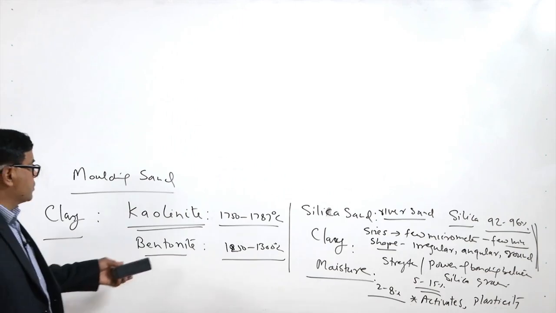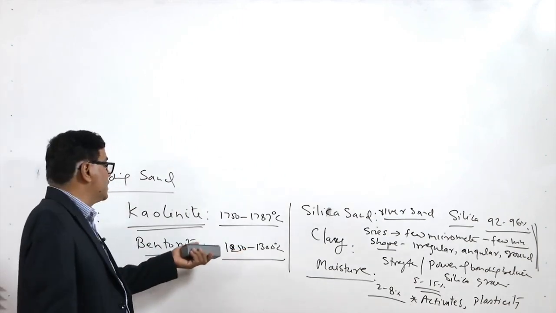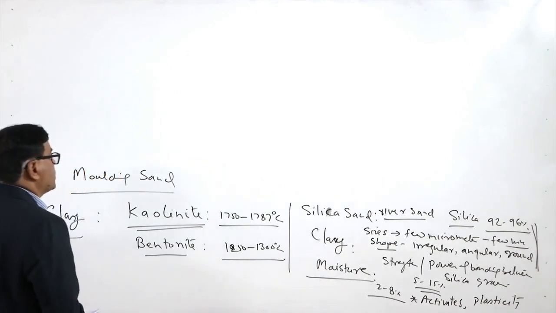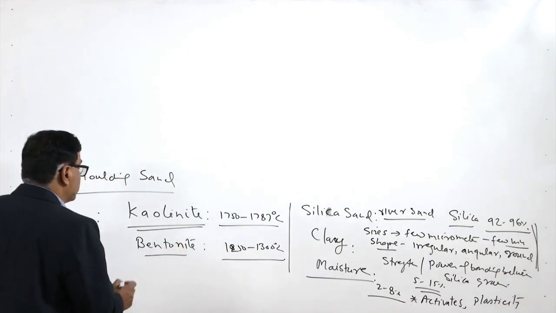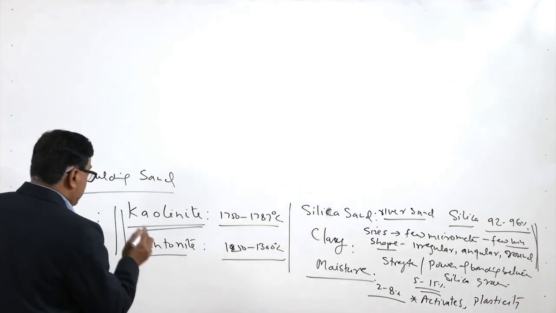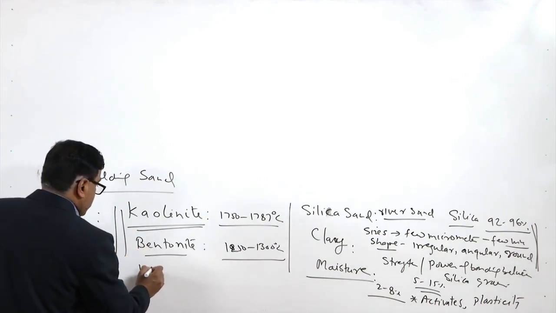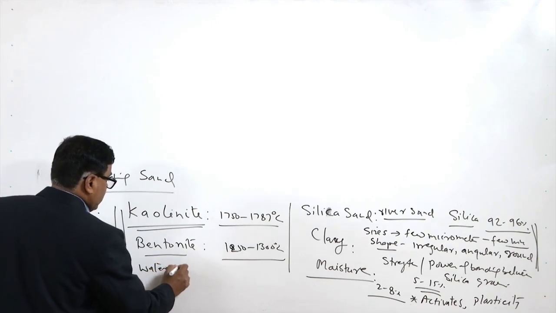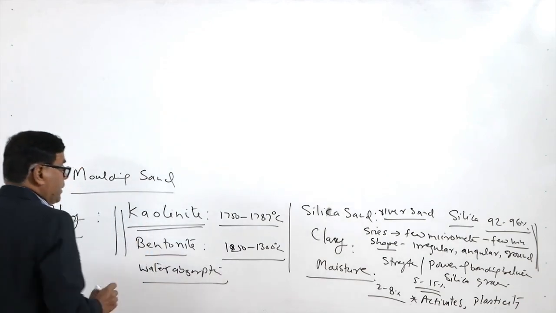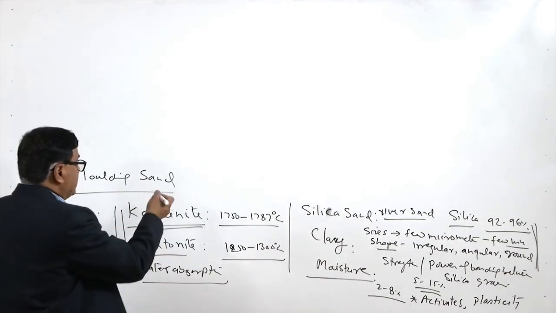So, for most of the low temperature metal systems bentonite is preferred, while for the high temperature systems, high temperature metal casting, kaolinite is preferred. The water absorption capacity of bentonite is much better than kaolinite.